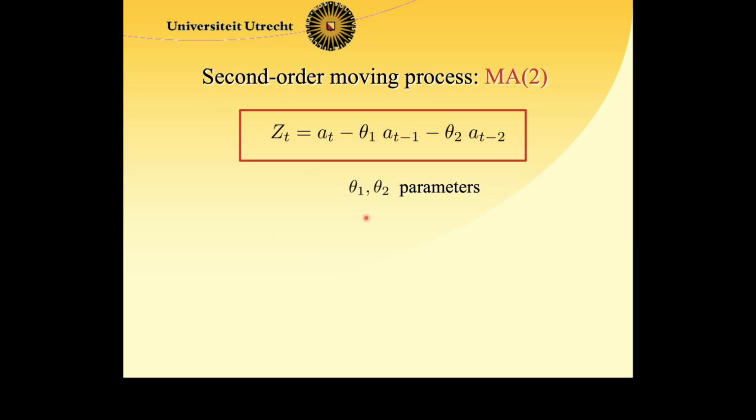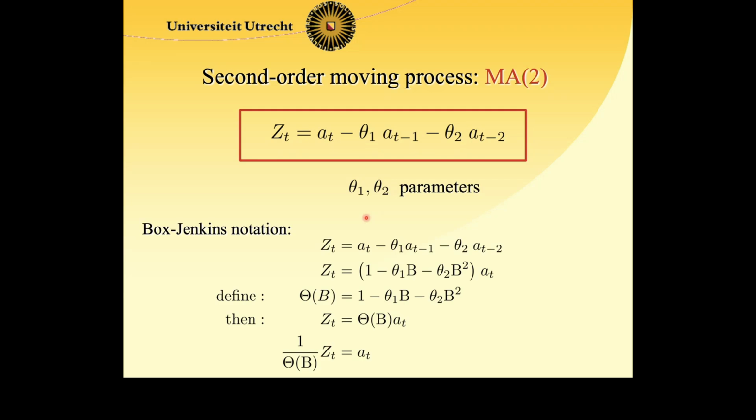Now, of course, this is a moving average process. We go through this quite quickly. We have two parameters. We can again work this out, but now it looks the same, but we have a so-called moving average polynomial of theta of order 2.